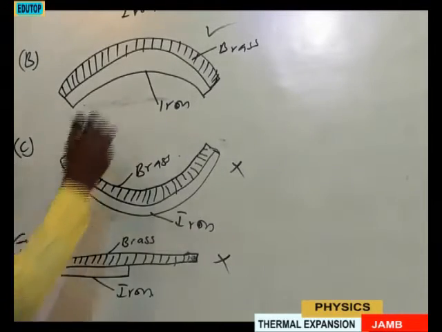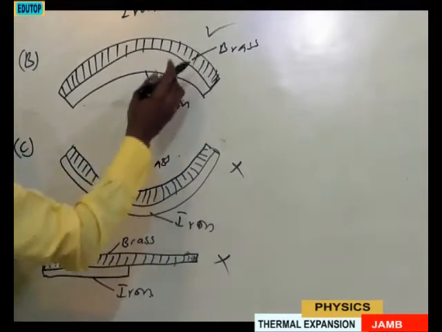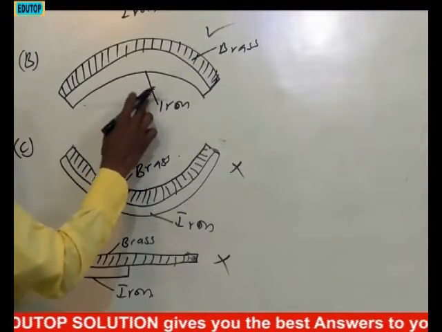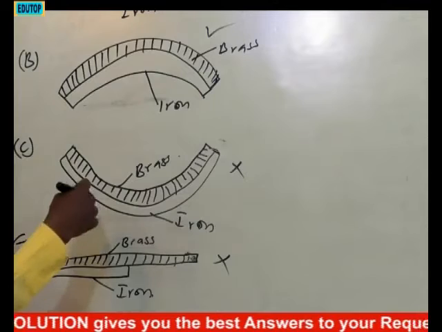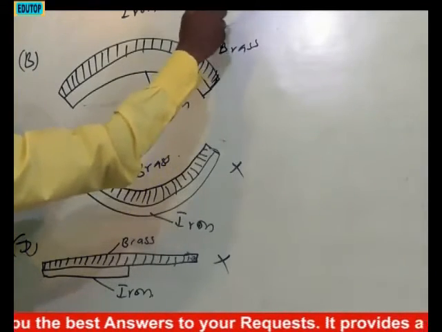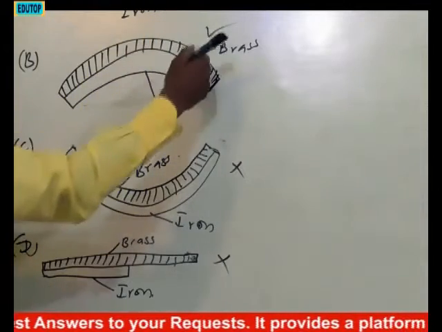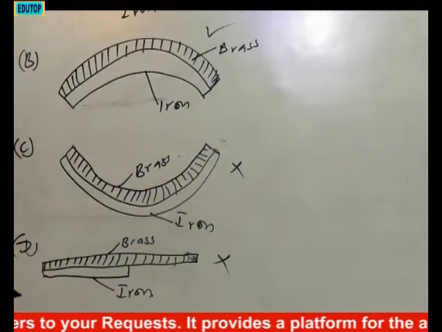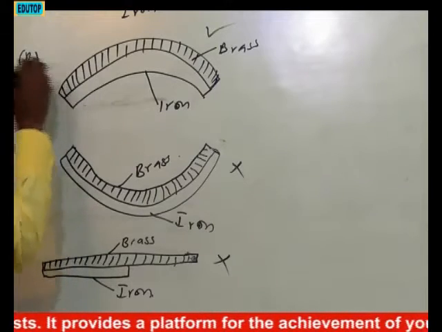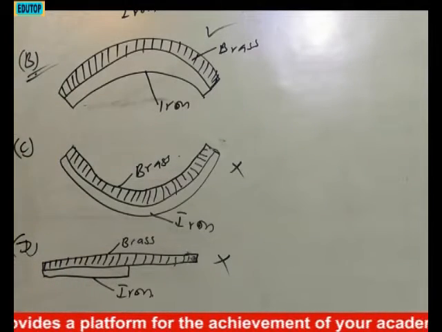That is why the brass is curved outward, while the iron is curved inward. Because the expansivity of brass is higher than that of iron. And thus, the right answer is option B.